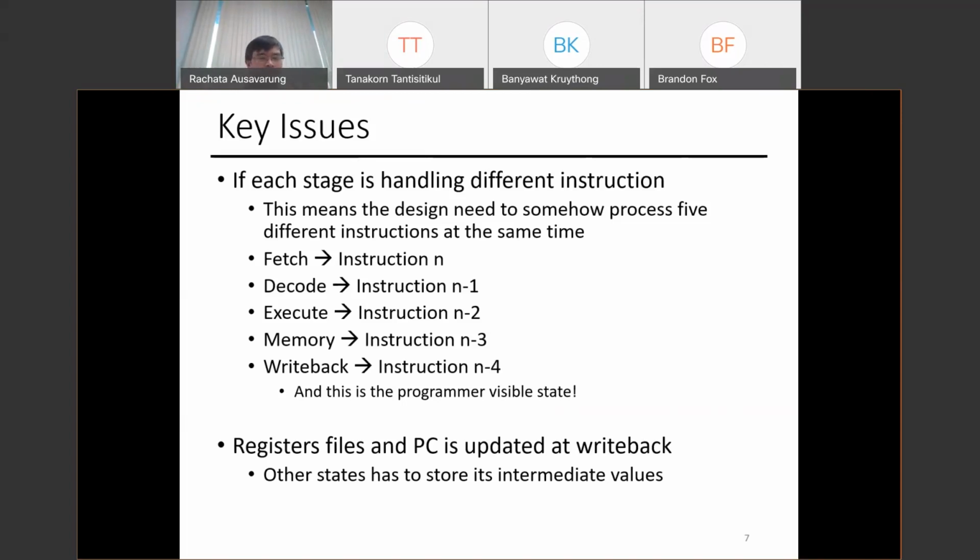So let me rephrase your question, because I want to make sure I understand it correctly. Basically, what you're asking is, if you look at the programmer state, the one that's visible to the programmer as instruction n, right? Are you asking why n goes backward?